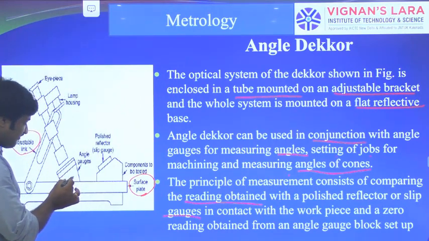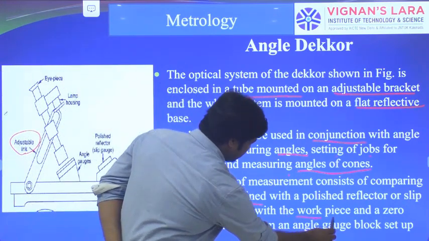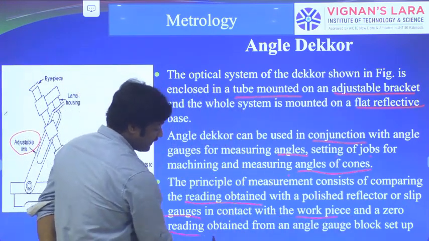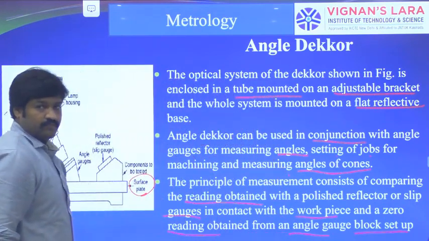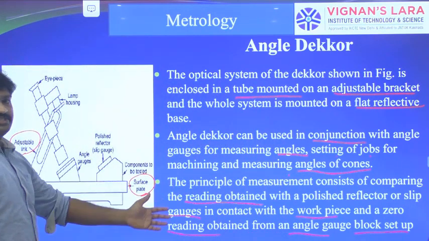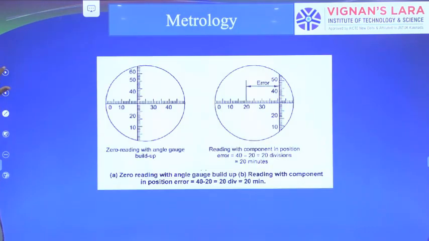So on the top of the workpiece, we are placing those slip gauges in contact with the workpiece, and a zero reading obtained from an angle gauge block. And zero reading can be obtained from an angle gauge block also. So this is the reading.